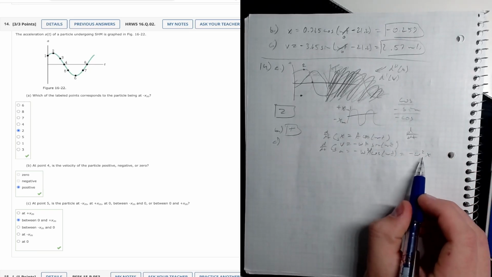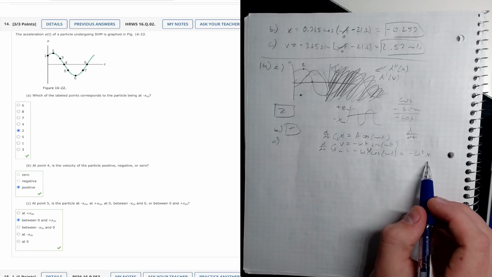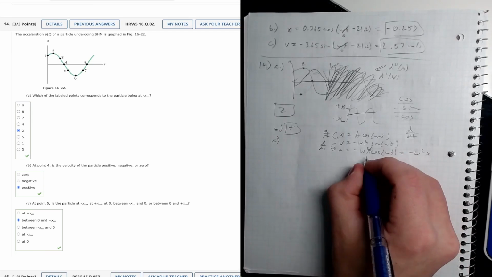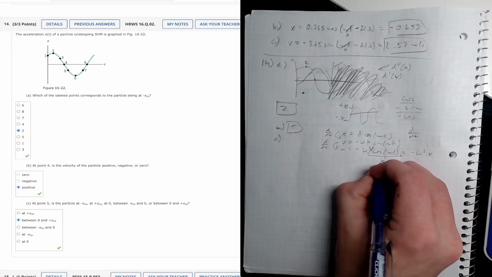That is why the equation a equals negative w squared x works: it's just the second derivative of this function, and this value is x, basically.